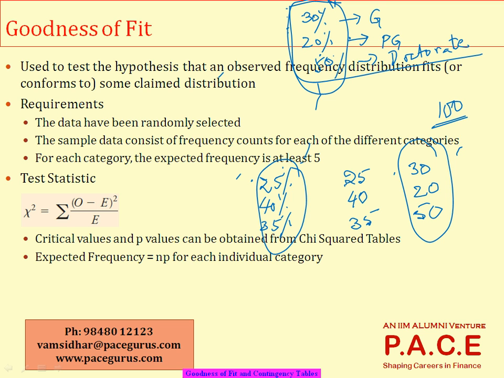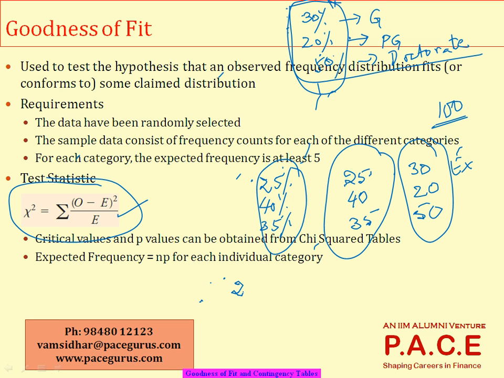So now on the 100 data set, this is my expected frequency and this is my observed frequency. To test whether the statement is significant or not, the test statistic we use is the chi-square statistic, which I'll compute with this equation: observed minus expected whole squared by expected.